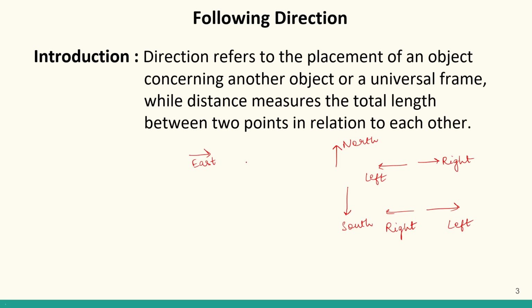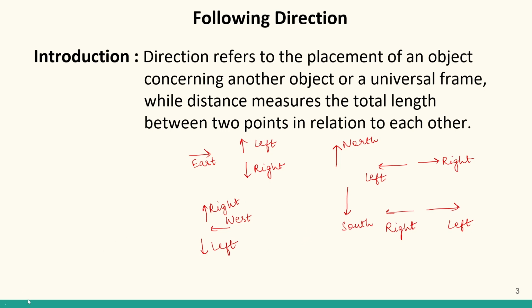If you're facing east, this direction will be your right and this direction will be your left. And what if you're facing west? If you're facing west, this direction is your right and this direction is your left. So this is also another concept that comes in handy when we are solving questions for following directions.